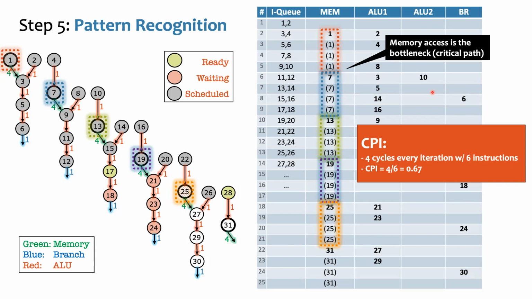But here I don't care about latency, but rather the rate at which I can execute the loop. The latency of an individual iteration doesn't matter. Each iteration could take 100 cycles, but I can still finish one iteration in 4 cycles and bring in a new iteration every 4 cycles.